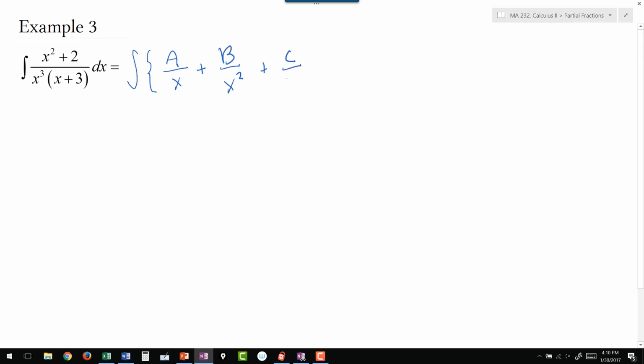So not only might we have a fraction like a over x, but we might also have something like b over x squared or c over x cubed, and then the final one would be for the x plus 3 term. So our goal is to rewrite the integrand as the sum of these 4 fractions. Each of those would be a much easier integral than the original.